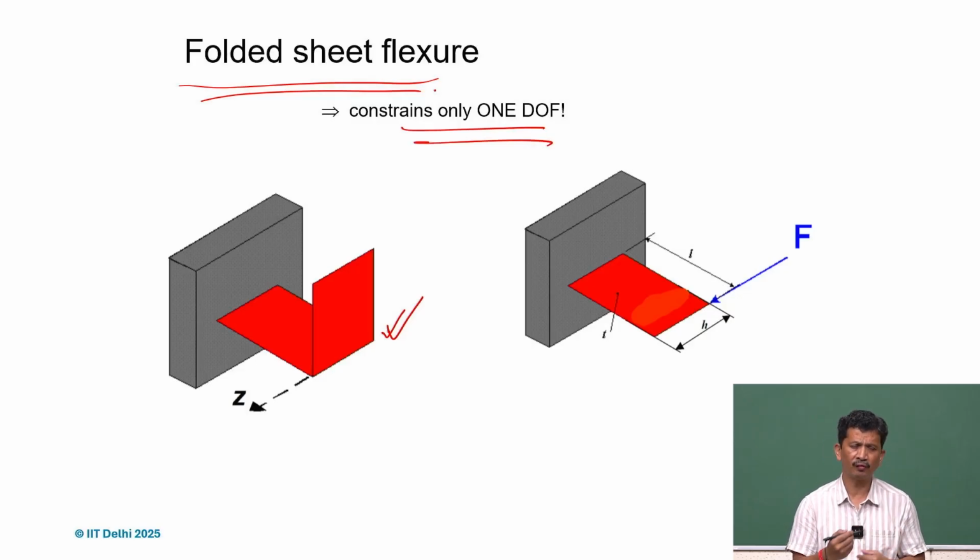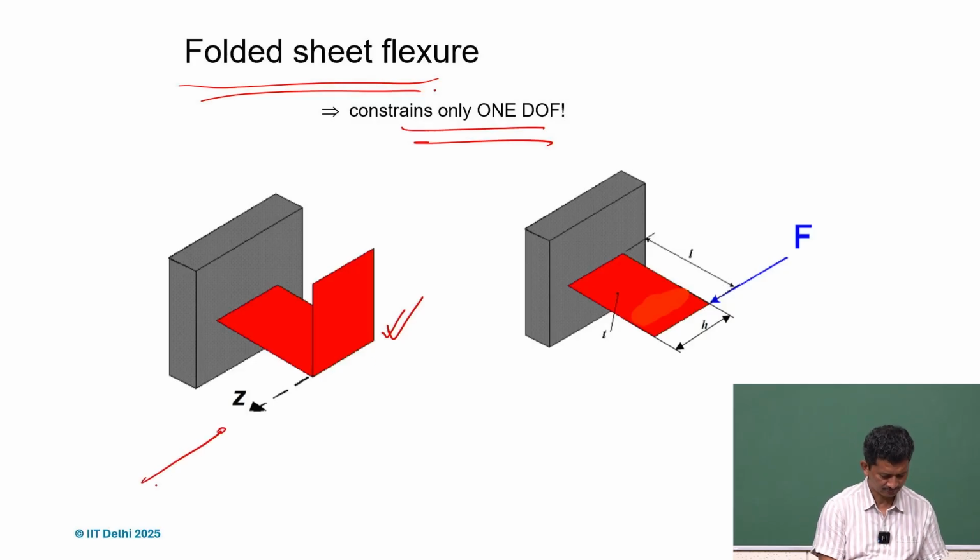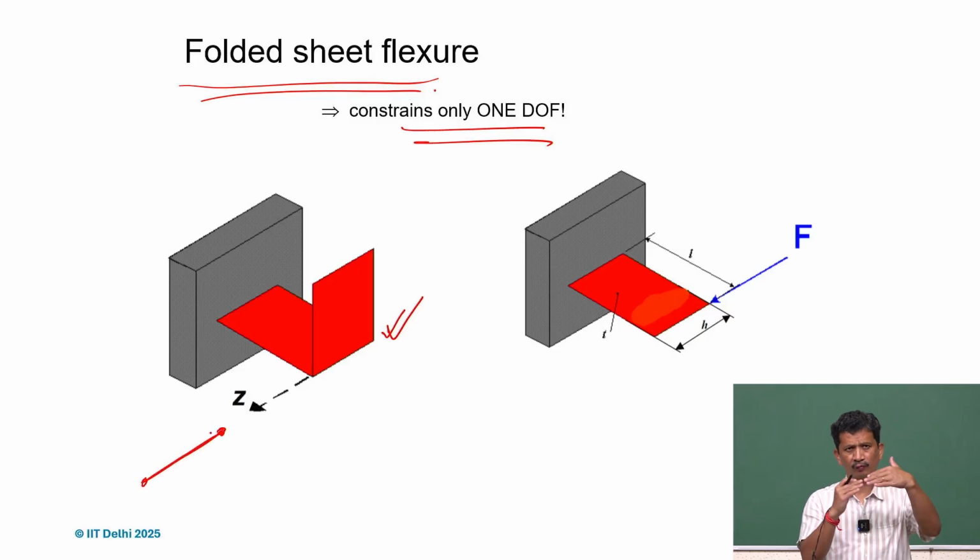So again, it's equivalent to a wire flexure along this line, along the fold line. So if we have a configuration with the wire flexure, we can always replace that wire flexure with the folded sheet flexure in this way. So the constraint direction is the z direction, which is along the fold line. So this is the sheet flexure we are talking about.